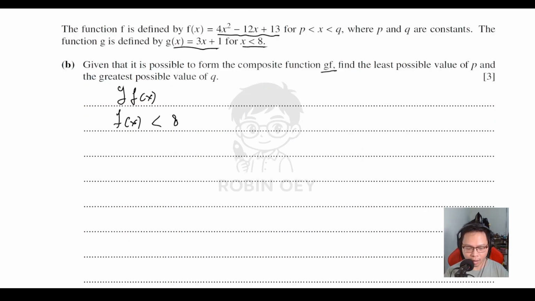Then from here, I just input the one that we did just now, which is the completed square form. It is easier that way.